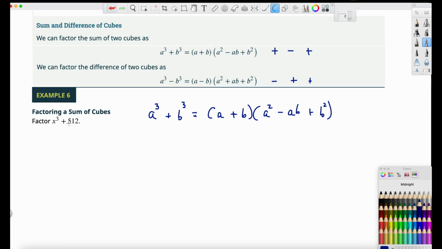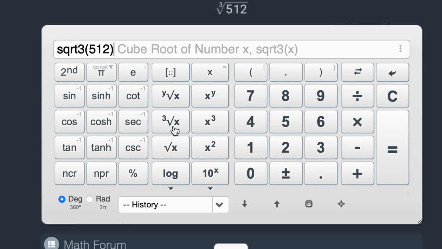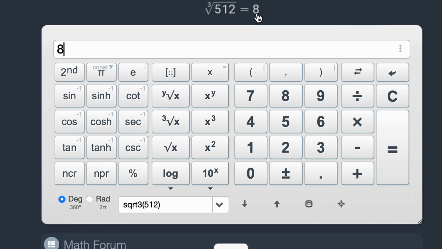So what we can essentially do here is just grab our calculator and see if we can take the cube root of these things. Well, we know x cubed is a perfect cube. It's just x. So I know that my a value for my formula is going to be x. Now if we take the cube root of 512, we can just do this on our calculator. If I take 512 and take the cube root of it, I get 8.